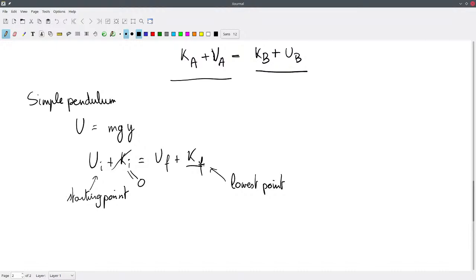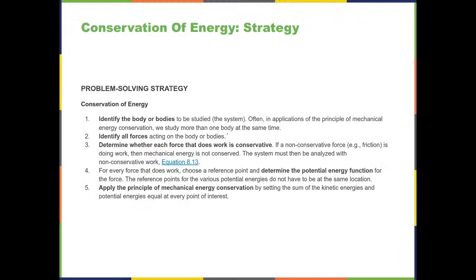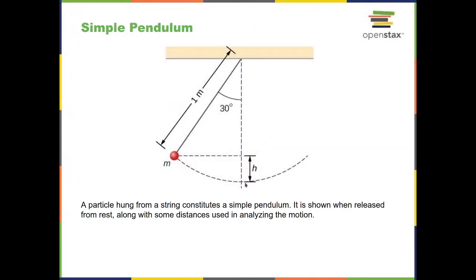But we can choose our reference point for the potential energy such that U final is equal to 0. If we pick that the final potential energy is 0, that means that the potential energy at the starting point will be mg times h, where h is the difference in height between the starting point and the lowest point.